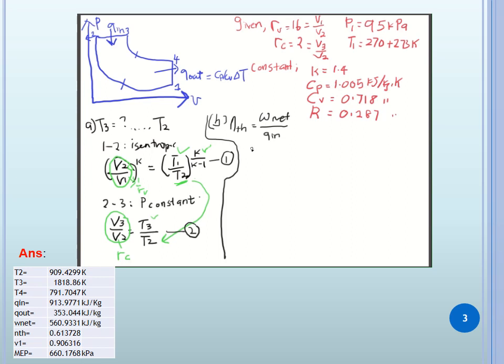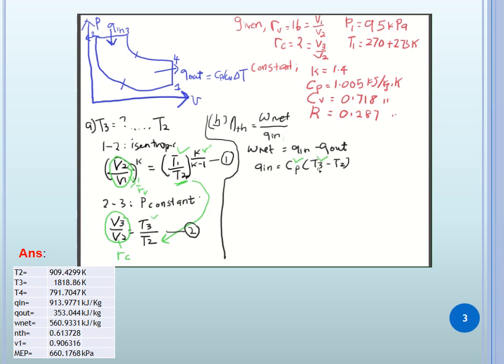So we know work net is actually Q in minus Q out, and therefore we need to find Q in. Q in is CP, T3 minus T2. So here we know that we already have CP.